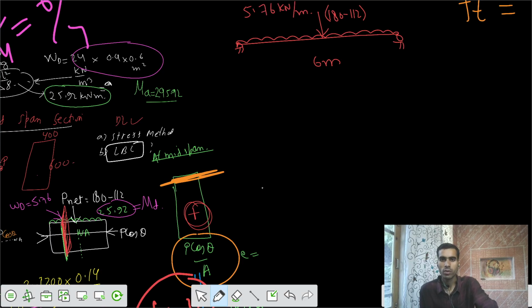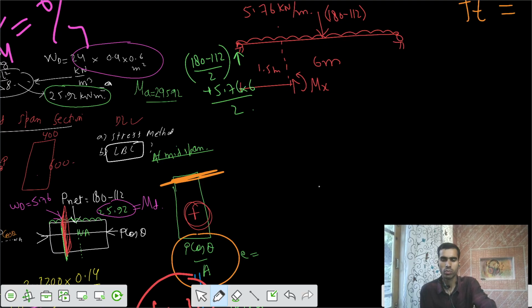We need to calculate the stresses at this location, 1.5 meters, where the moment is Mx. There is a reaction of (180 minus 112) divided by 2 plus WL by 2.